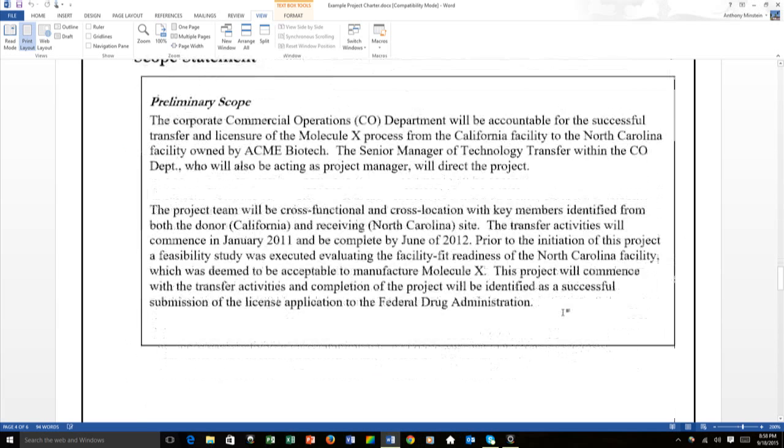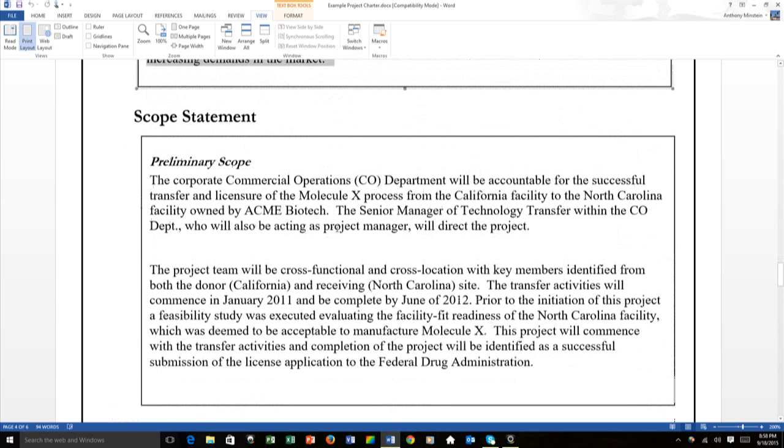Now let's look at our scope statement. Corporate commercial operations will be accountable. They'll move the molecule X process to the North Carolina facility. Senior manager will direct the project, cross-functional, cross-location.